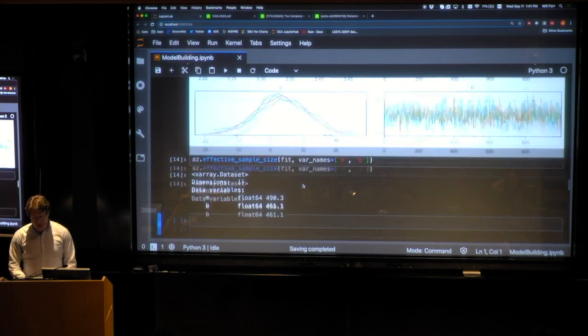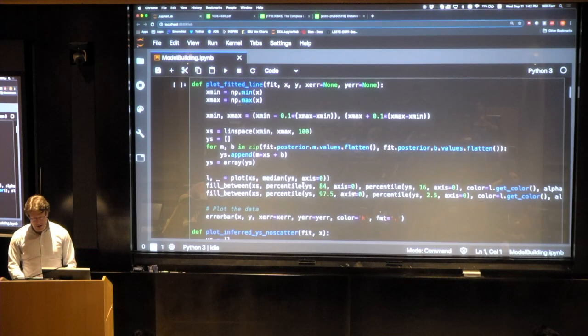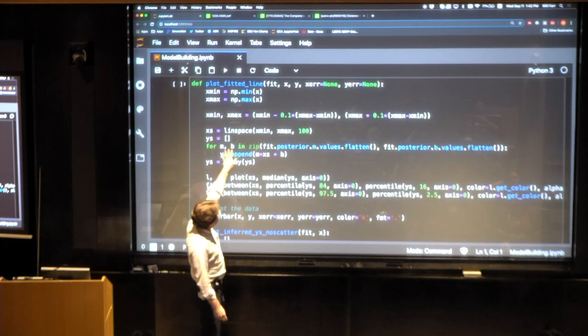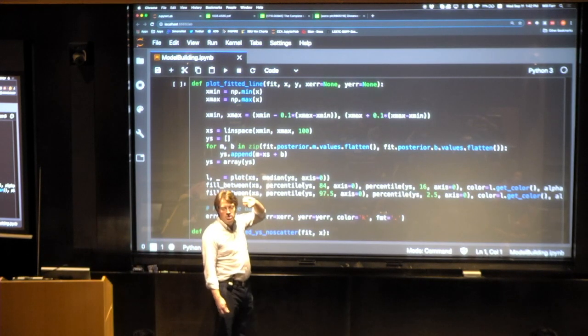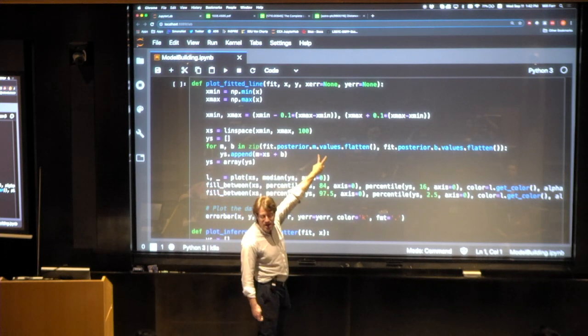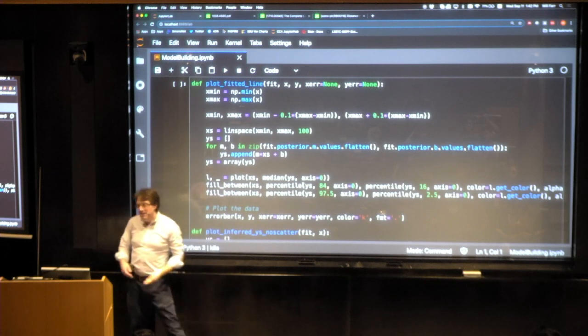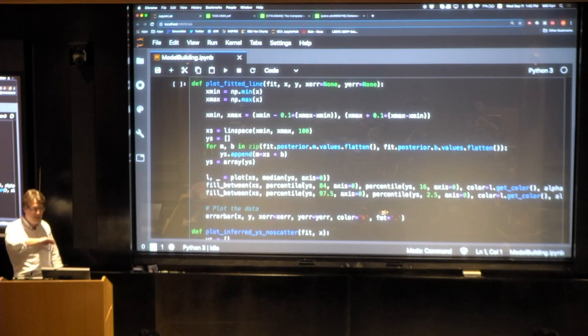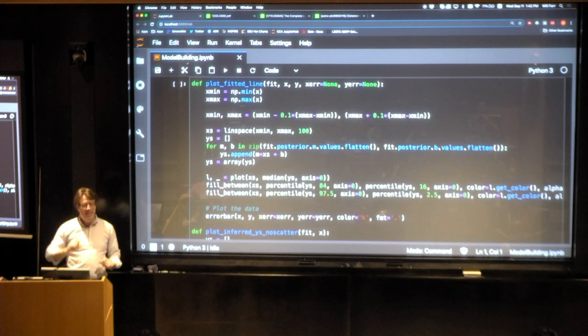So now I wrote some code this morning on the train, and I pray that it works, which is this thing called plot fitted line. It's intended to consume our fit and our XY data and maybe some errors. And it will make a nice plot of the range of lines that our fit permitted against the data.